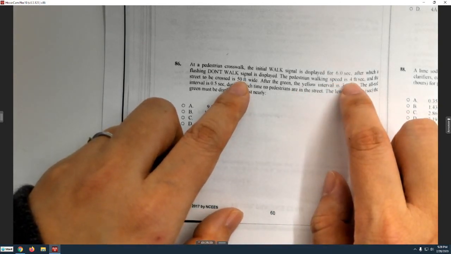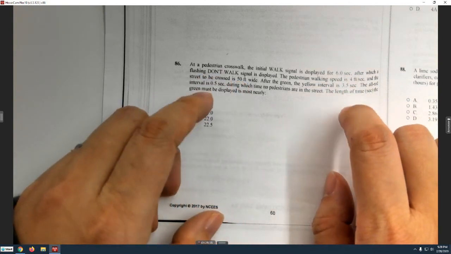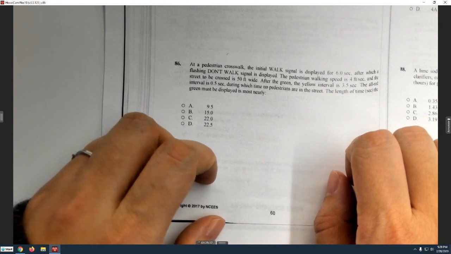This is the time needed for this person. And then the walk time plus this time minus yellow time is the green time. I don't think this one will be tested either. The others, let me see. Are there any more transportation questions? No, I think that's it.